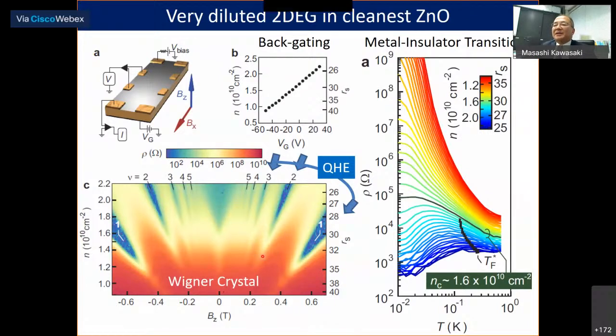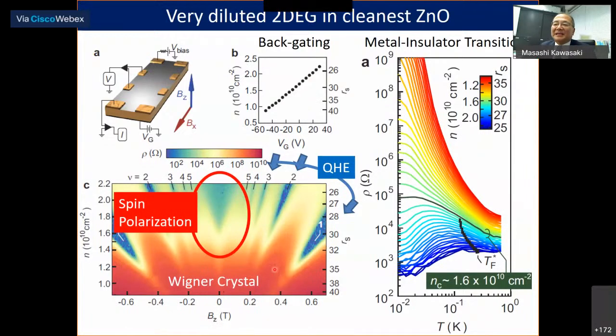Usually in a dirty material, it can be insulating, but that comes from Anderson localization. But in this case, the potential landscape has a randomness of less than, say, 10 microelectron volts, very clean. So electrons arrange in a triangular lattice, and this makes an intrinsic insulating state, not localization.